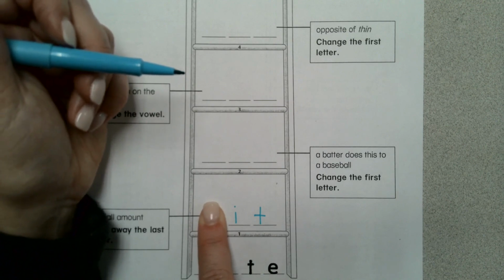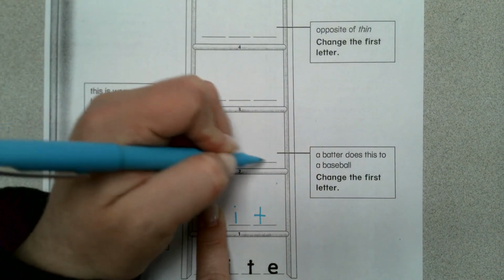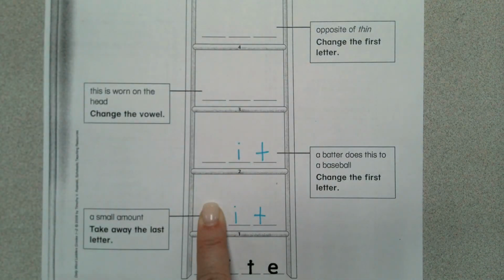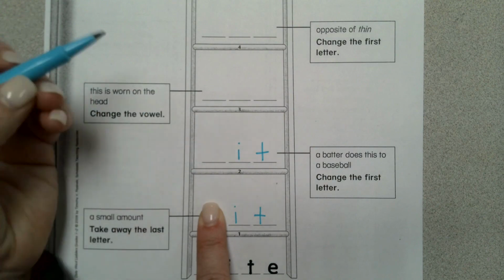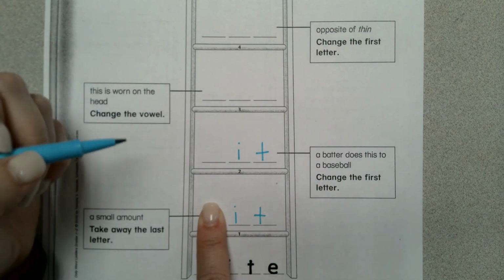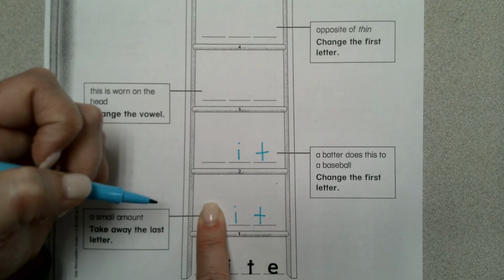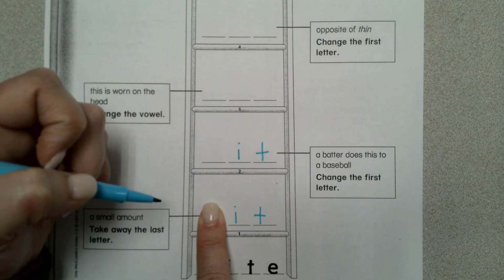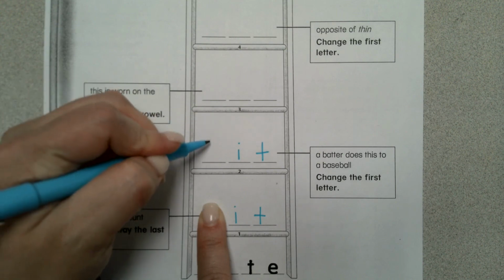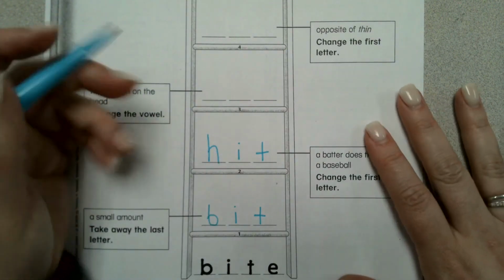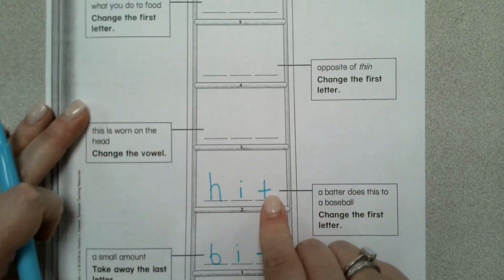We must keep IT. They need to stay in the same spaces. So write IT, and we need to change the first letter, something that a batter does to a baseball. Well, when somebody throws the baseball at you, what do you do? You hit the ball, right? So we need to put an H for hit.